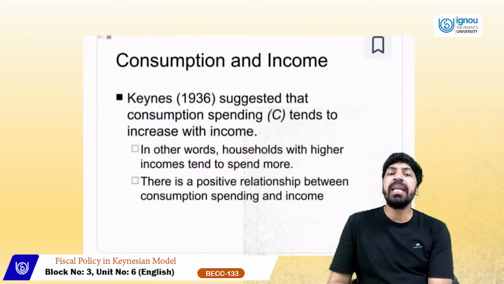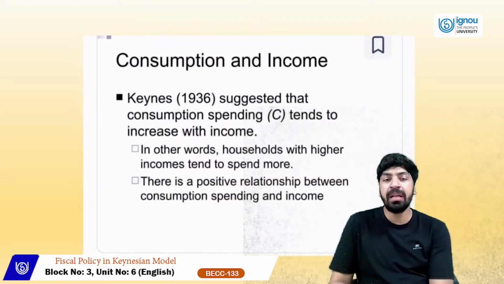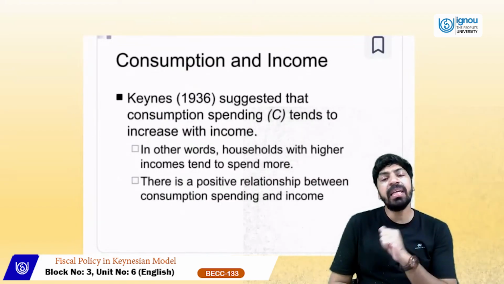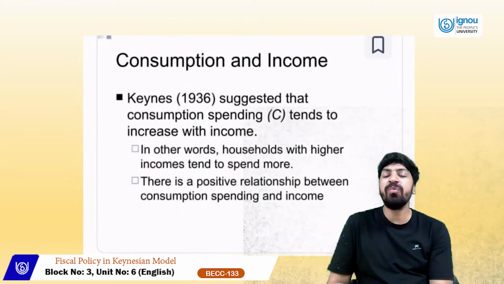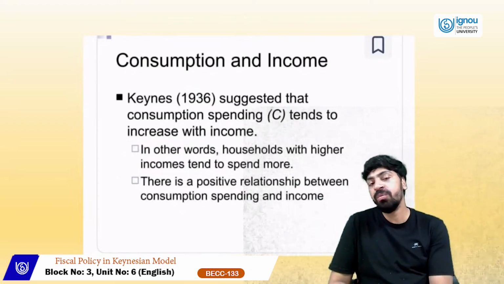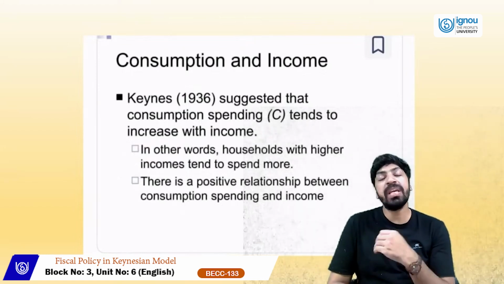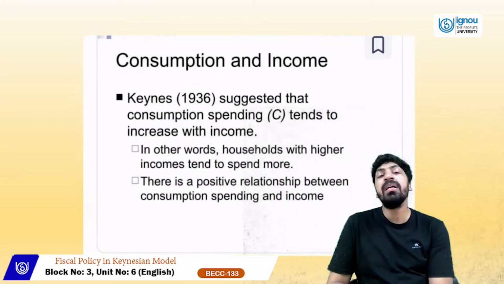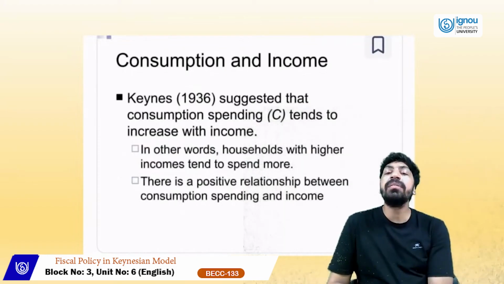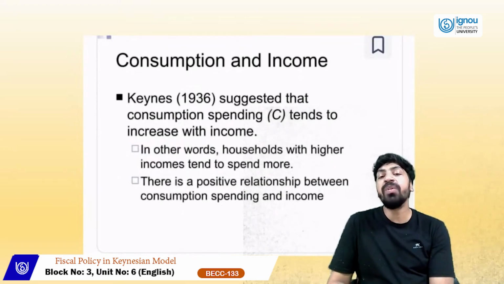Now we come to the next concept, that is consumption and income. When we talk about aggregate expenditure and income, that is the earlier concept, but now Keynes developed a new concept in 1936, in which he suggested that consumption spending always tends to increase with income.